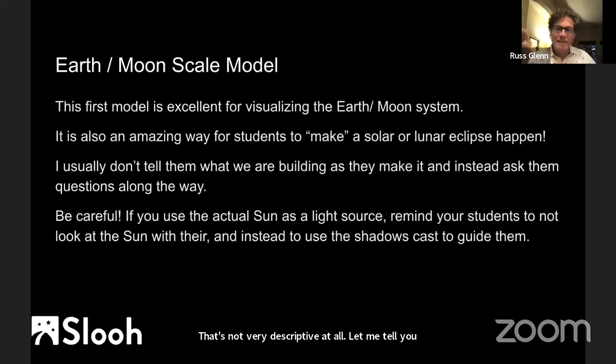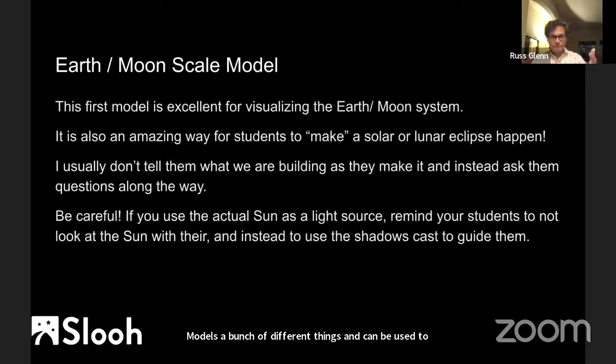One, the kids make it, so they build the model. Two, it uses very simple ingredients, stuff that you probably have in your classroom or can get a hold of pretty readily. Three, it can be used to model a bunch of different things.